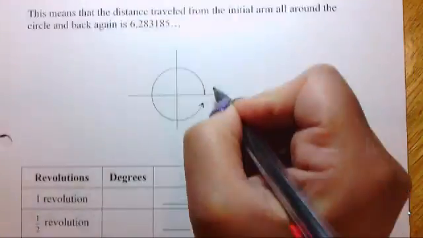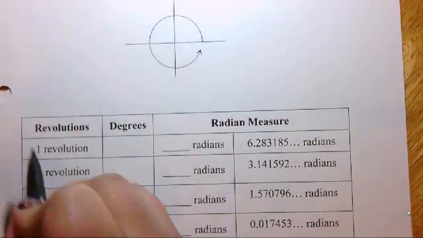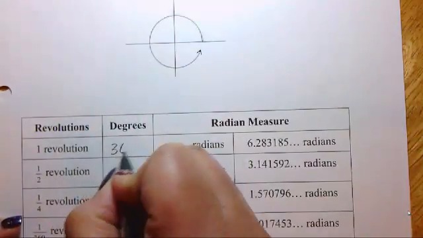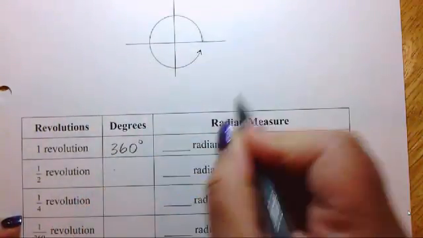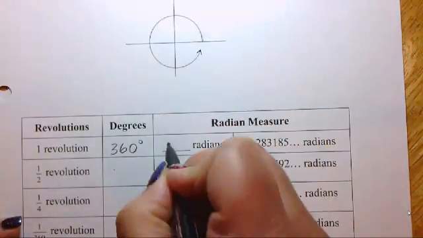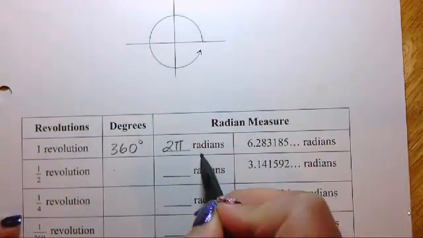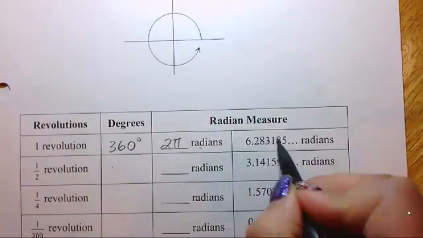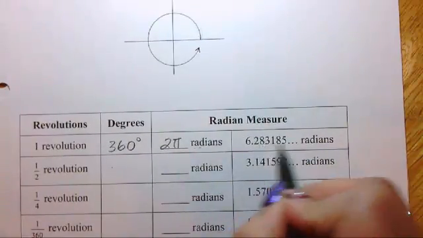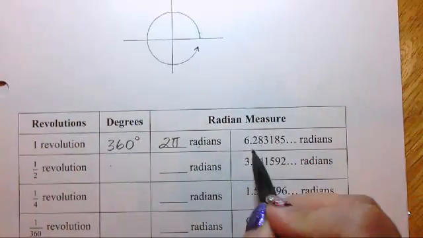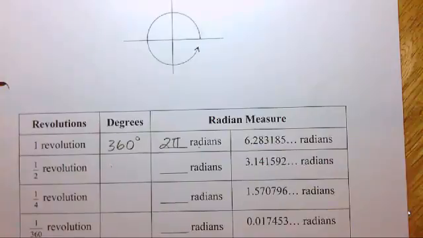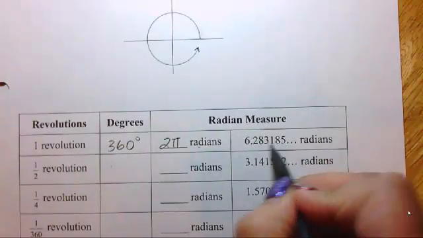All right. So let's look at one revolution, which is all the way around. That is 360 degrees. This is equivalent to 2 pi radians. This is just a different unit to measure angles. Now, the radian measure, that's what it would be in decimal form, in an actual number. The decimals keep going forever, so we don't really like to use this notation.